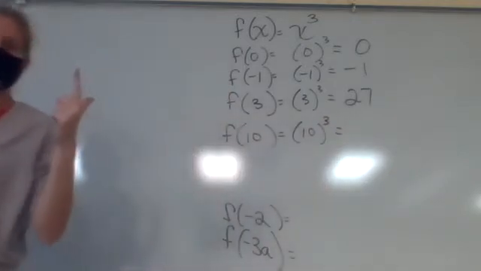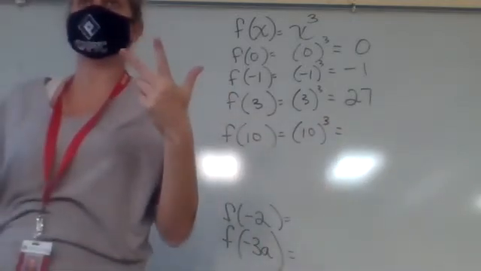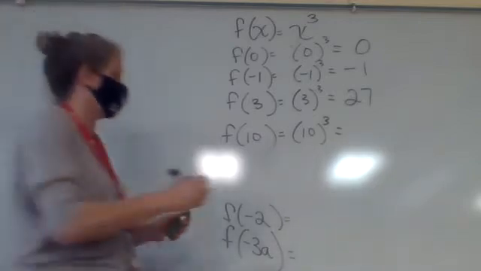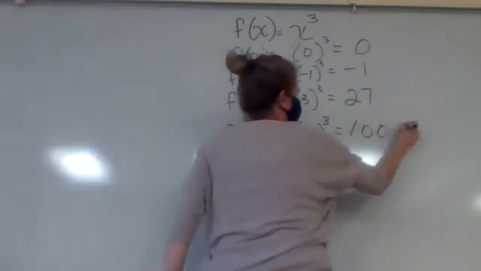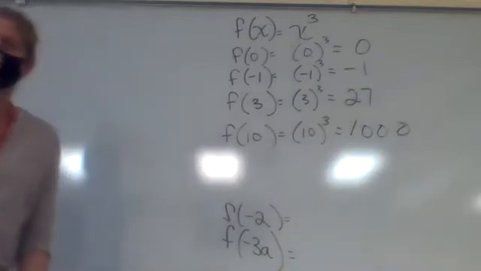Let's see, 10 times 10 is 100, times 10 one more time. 100 times 10 gives me 1,000.